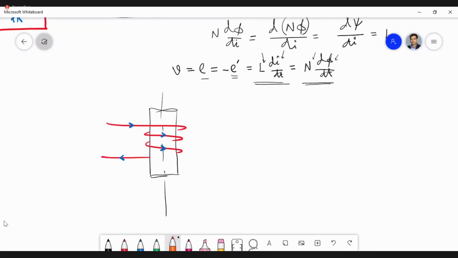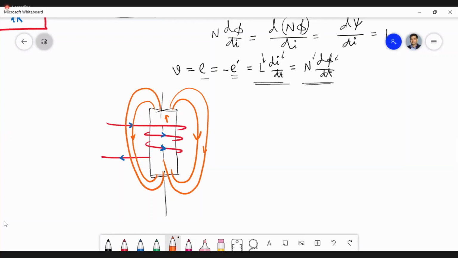Now what will happen? Which direction will the flux flow? The flux will flow in this direction, and the flux will flow like this. Am I right?